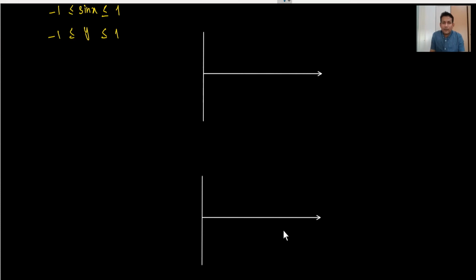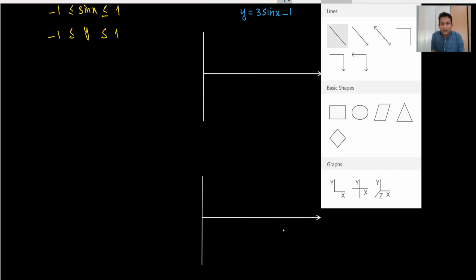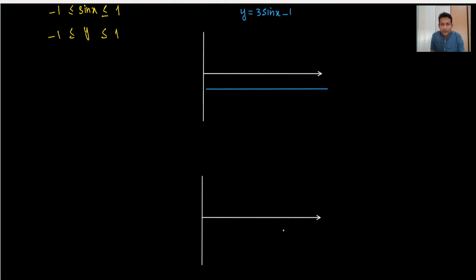Okay, I want to move a little further. I want to draw the sketch of y equals 3 sine x - 1. 3 sine x - 1 means, where is the axis of curve? -1. If this is the axis of curve, -1, then the amplitude is 3.